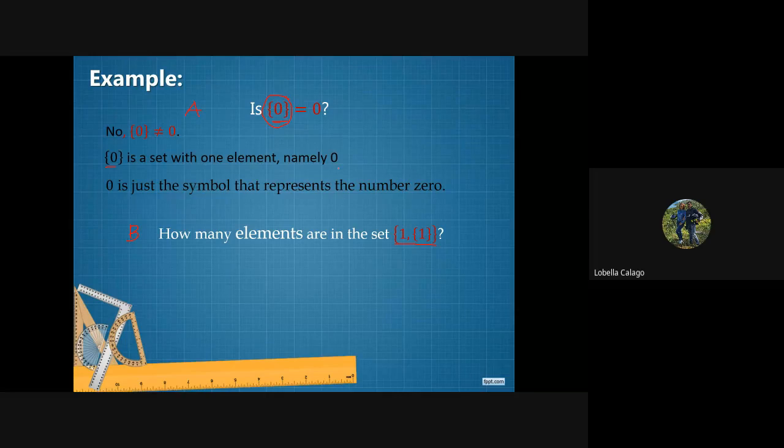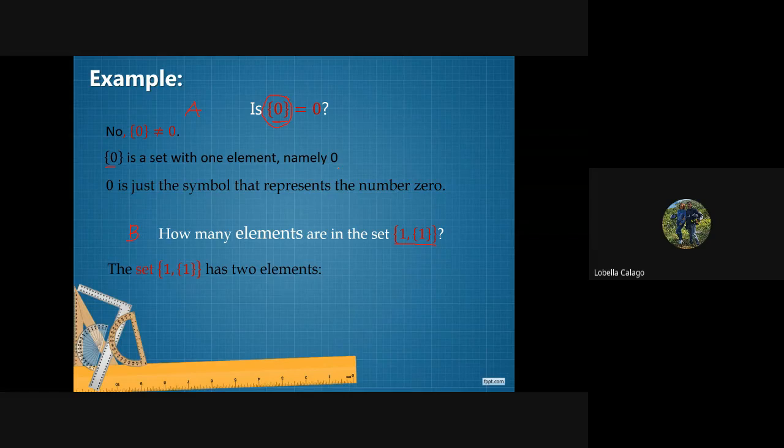Letter B, how many elements are in the set? How many elements are there? Who answered 1, 0, and 2? Actually, there are 2 elements.